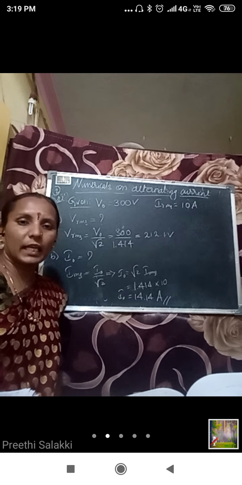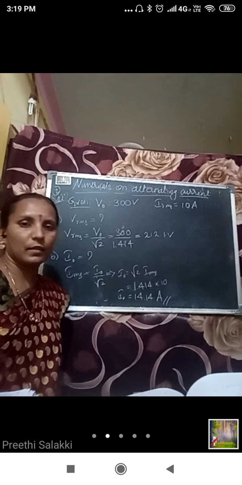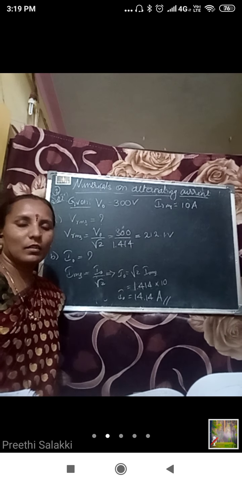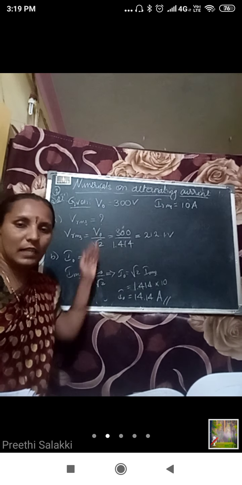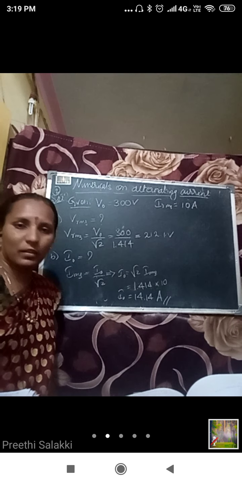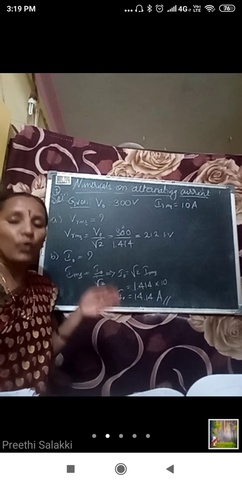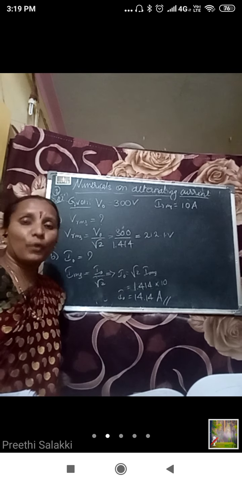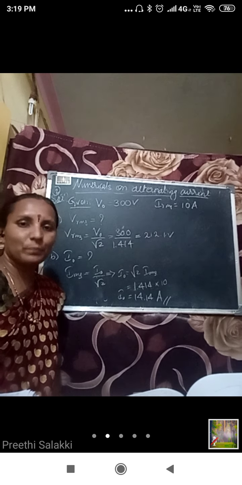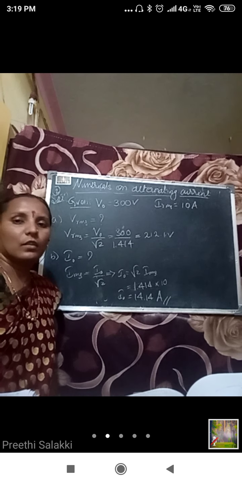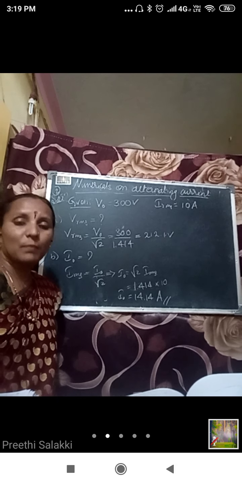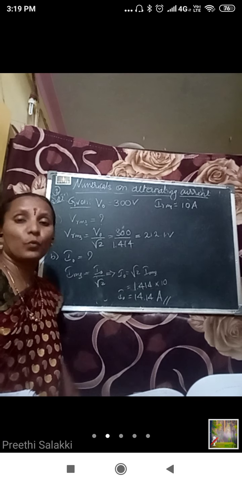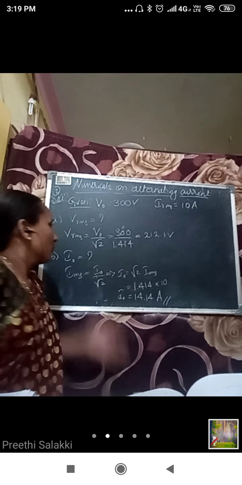This is your second numerical from alternating current. You may be thinking that these are very small numericals with very few steps, but as you go to further sections, the number of formulas used is going to increase, up to 3, 4, 5. Sometimes you are going to use that many formulas in one numerical. Here we have used two formulas.